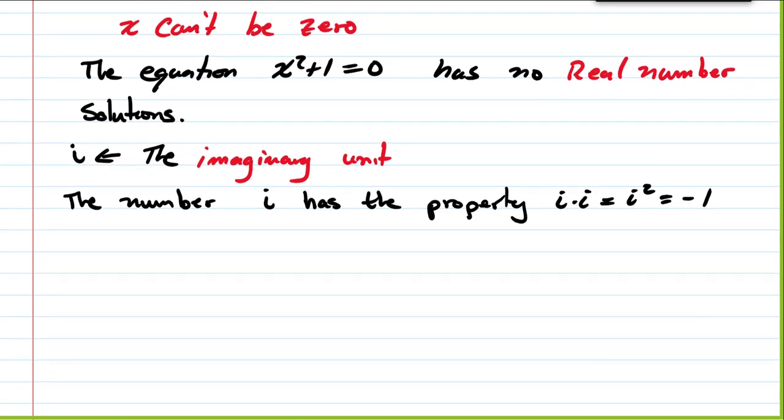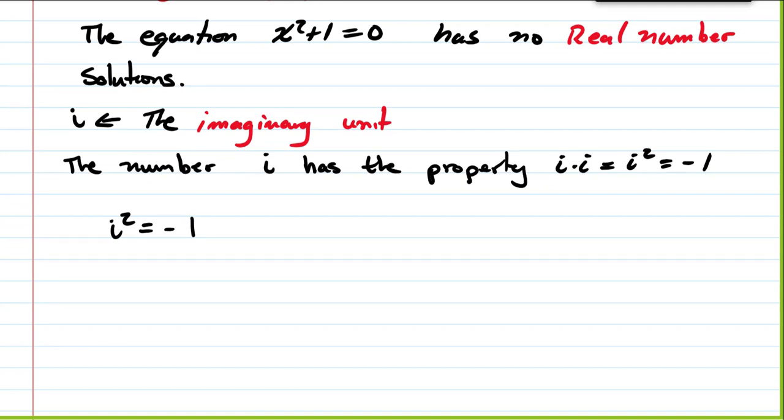So this has some interesting implications. So there is another way that this number is often defined. So if we look at the equation, we have that i squared is equal to -1.